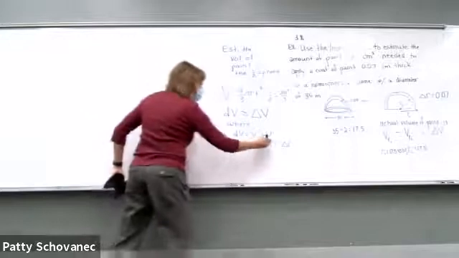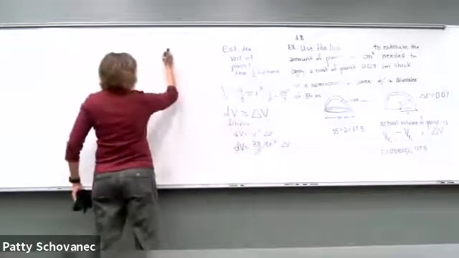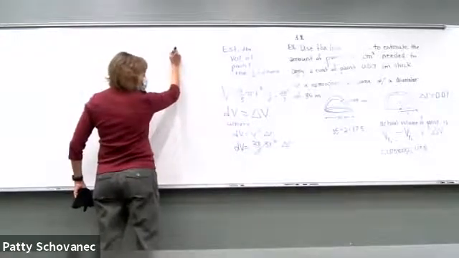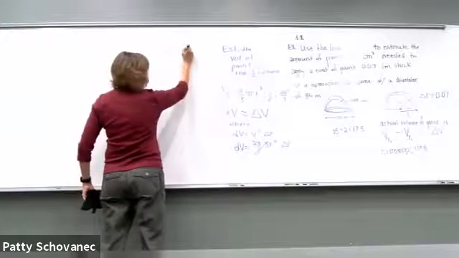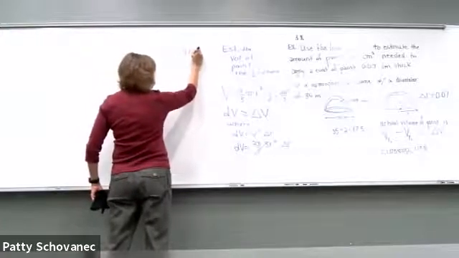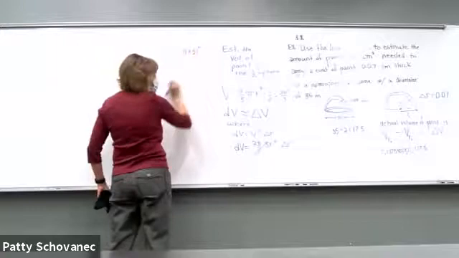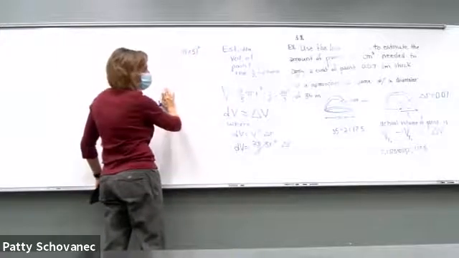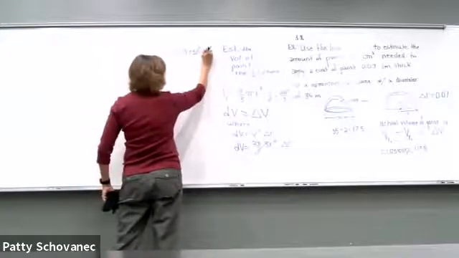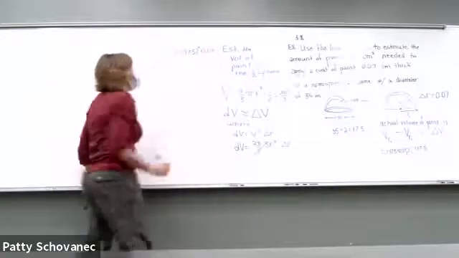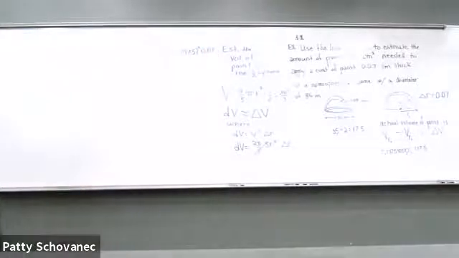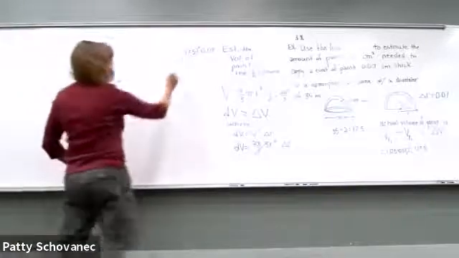So dV is 2 pi times 17.5 squared times 0.07, and that's in cubic centimeters.